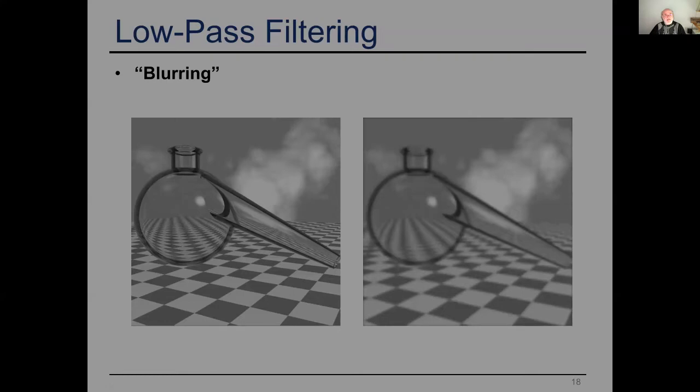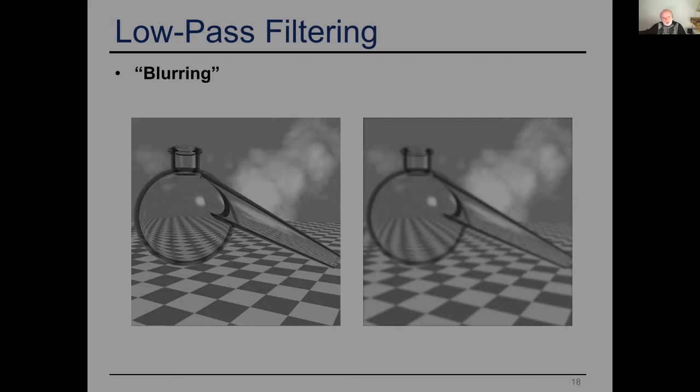And so here is a high pass filter, a low pass filter. We have the original image here on the left. We throw away all the high frequencies, which essentially means we are blurring the edges. The edges are not as sharp anymore because all of the high frequencies that make them sharp are gone.